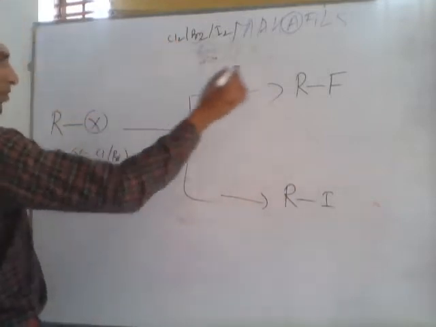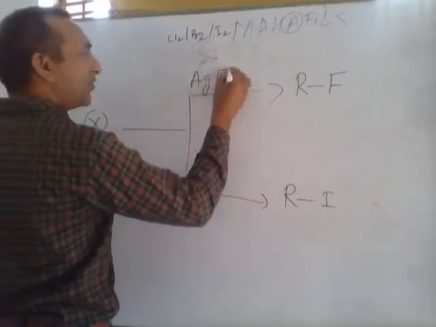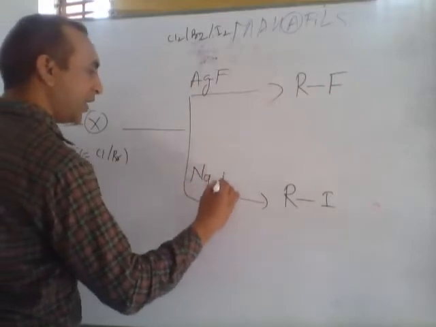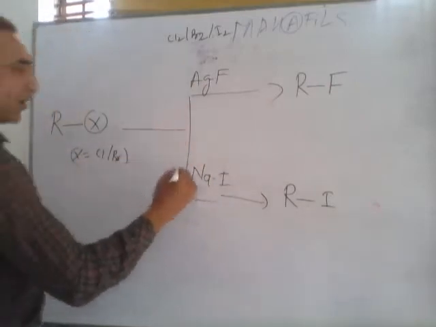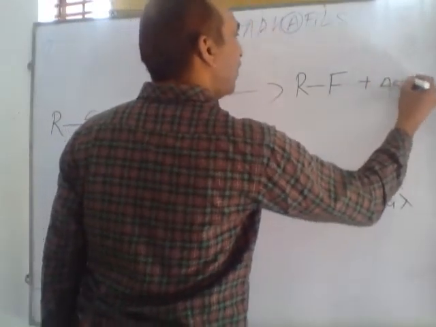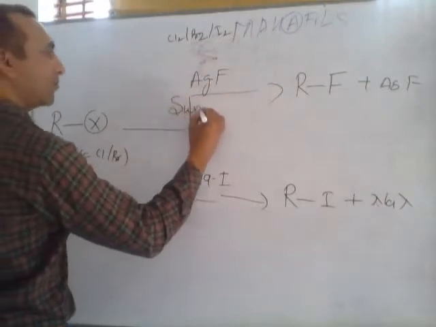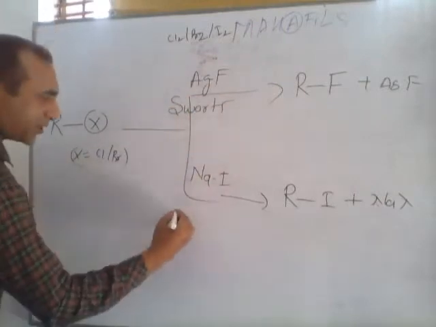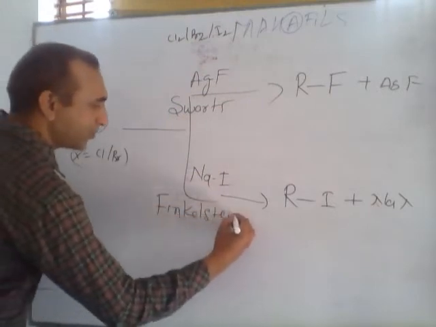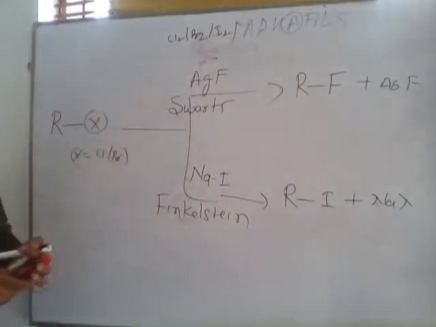To introduce fluorine we use AgF, silver fluoride. For iodine we use NaI, sodium iodide. The first reaction is called Swarts reaction and the second is called Finkelstein reaction. These two are halogen exchange reactions.